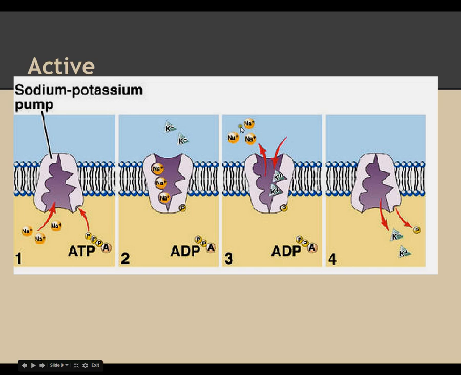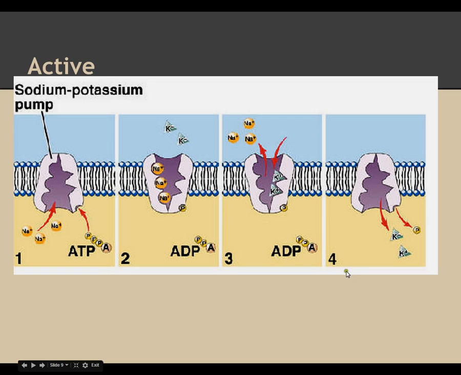The sodium molecules are released outside of the cell, and our potassium molecules, which are positive, by the way, attach to their sites, but again, this will not change the shape of the protein. When the phosphate is released, the protein goes back to its original shape.